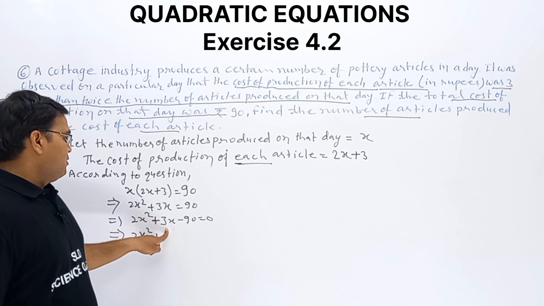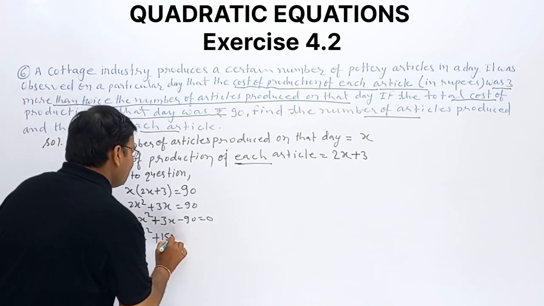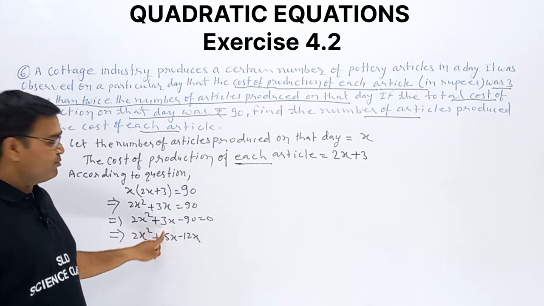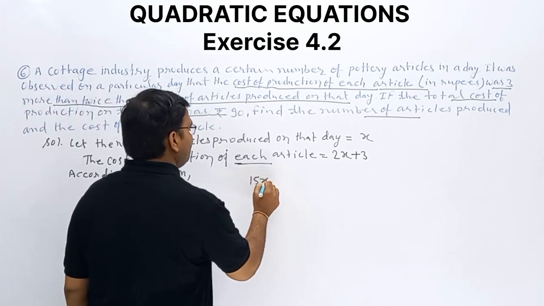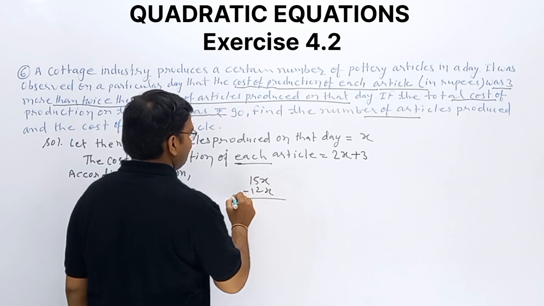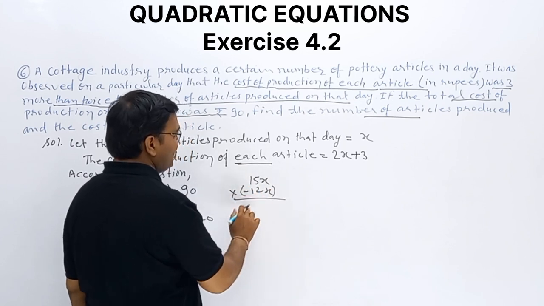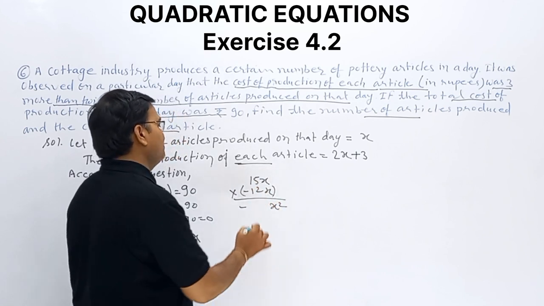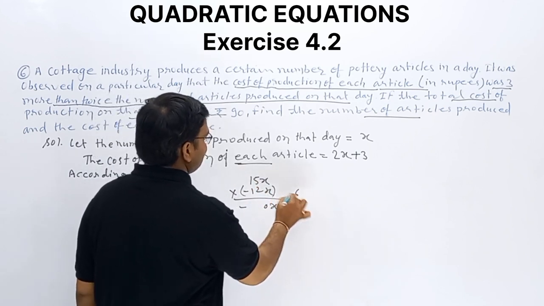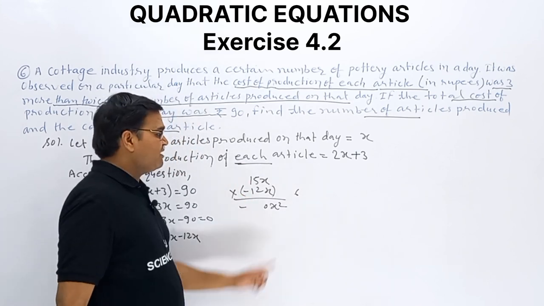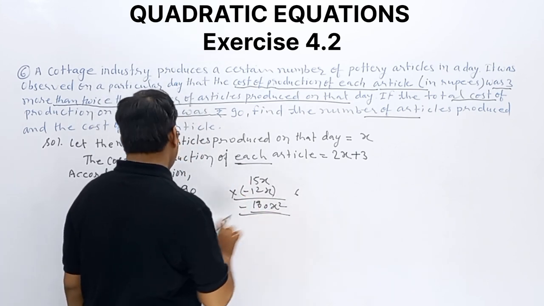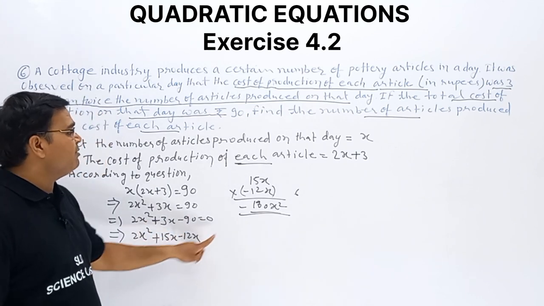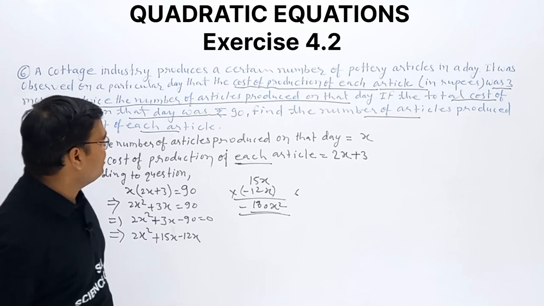So 15x minus 12x gives 3x, and the product is minus 180 x square. It means the first and last term product is minus 180 x square, and this product is also minus 180 x square, so both are correct.